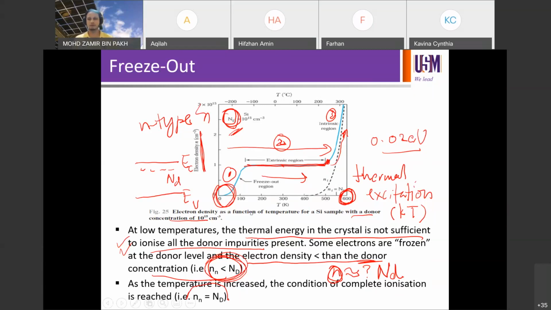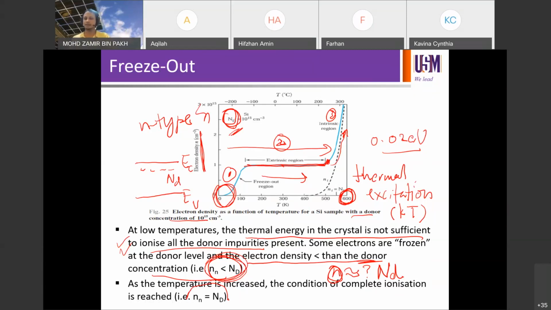Okay, so one way to convert your extrinsic silicon to intrinsic is by heating up the silicon. Well, we learned about compensated semiconductors, right? Where your Na is equal to Nd and you don't have any effective majority carriers, which is intrinsic, isn't it?